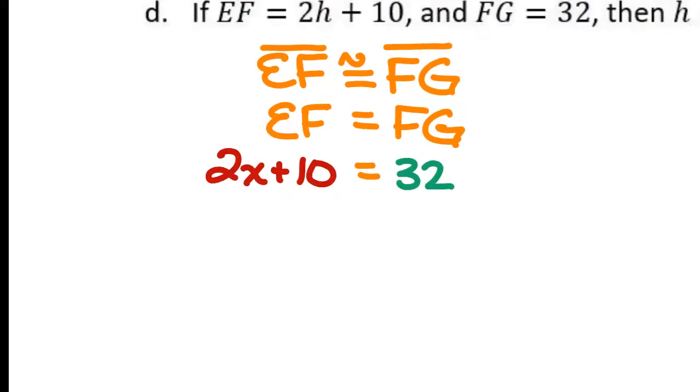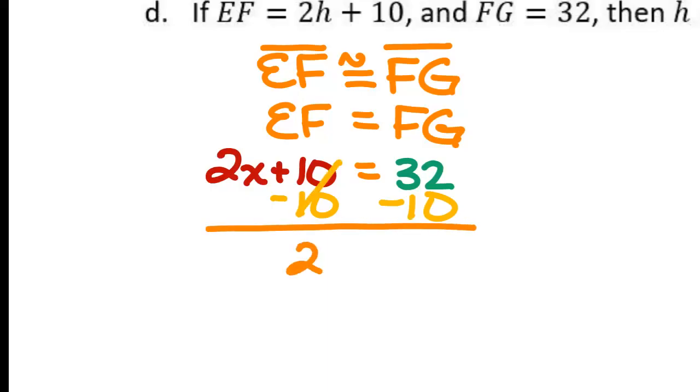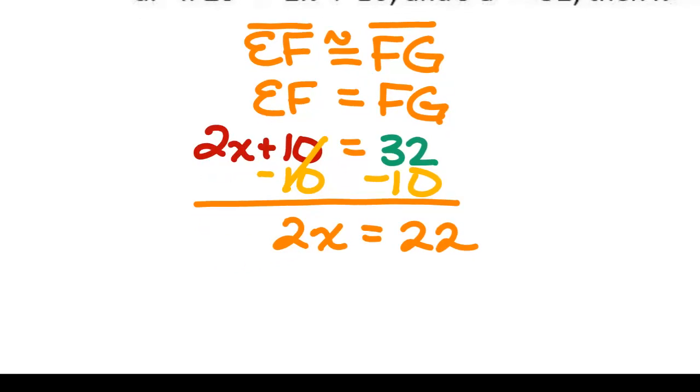So then I'm going to subtract 10 from both sides. 32 minus 10 would give me what? 22. 2h equals 22. And then we're going to divide both sides by 2.